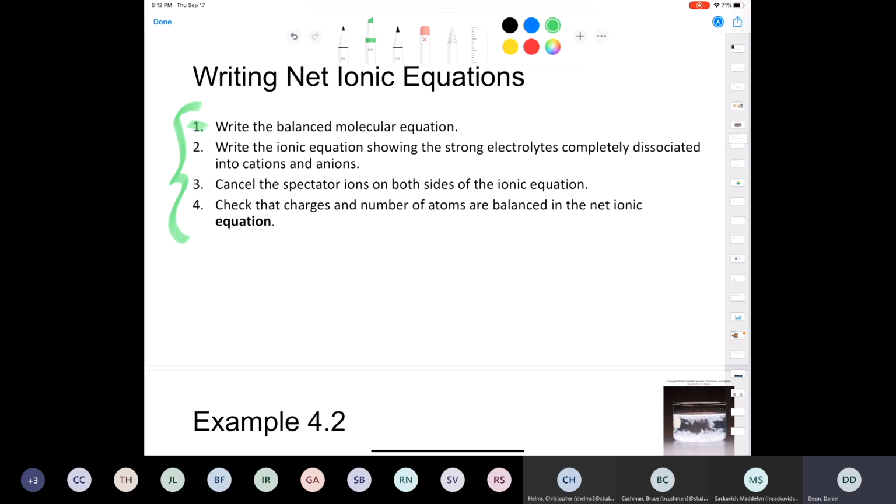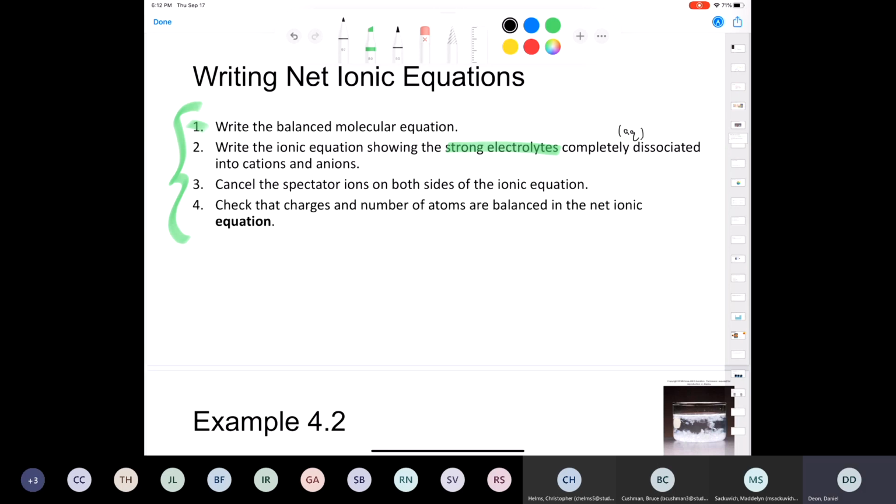Then we write the ionic equation showing all strong electrolytes completely dissociated. So what is completely dissociated? That means we write them all as their ions, and we put aq by anything that's a strong electrolyte. Then after we've written out the ionic equation, we cancel the spectator ions.